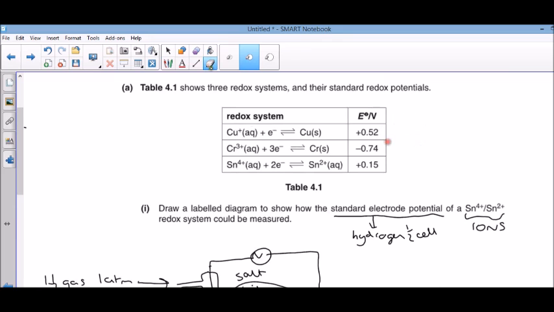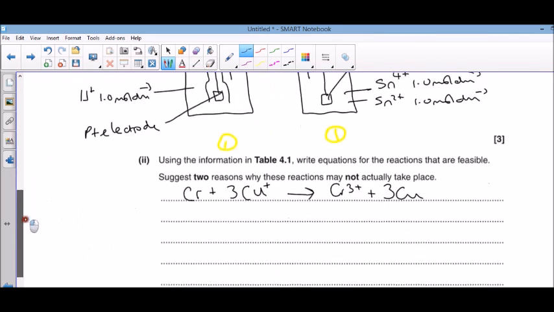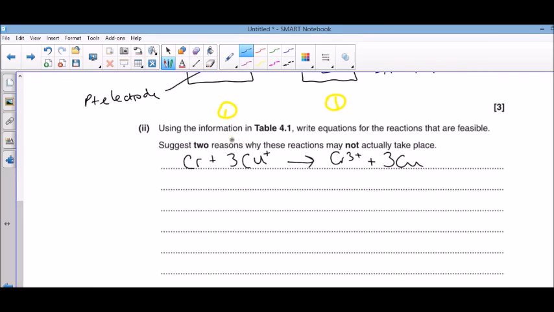And then if we look again, we could have this reaction going forwards again and this reaction going backwards. In this case we would need to times this one by 2. So if we write that one down here, we would have tin 2 plus and 2 lots of copper plus, making 2 coppers and tin 4 plus.